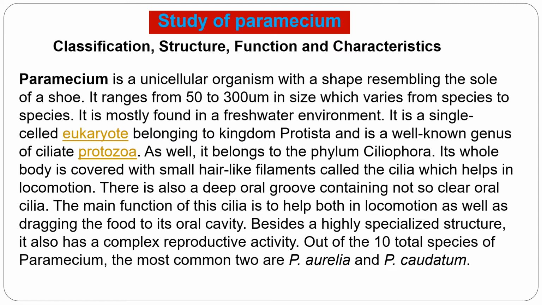Besides a highly specialized structure, it also has a complex reproductive activity. Out of about 10 species of Paramecium, the most common two are Paramecium aurelia and Paramecium caudatum.